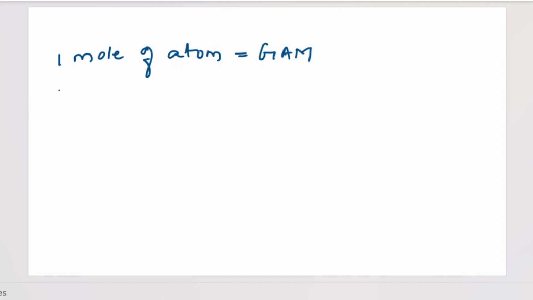I'll take the example of an oxygen atom. 1 mole of oxygen atom is equal to atomic mass 16 U, gram atomic mass 16 grams. Atomic mass when expressed in grams is known as gram atomic mass.